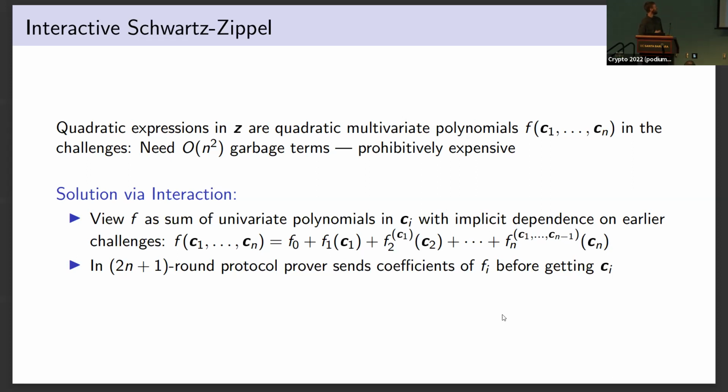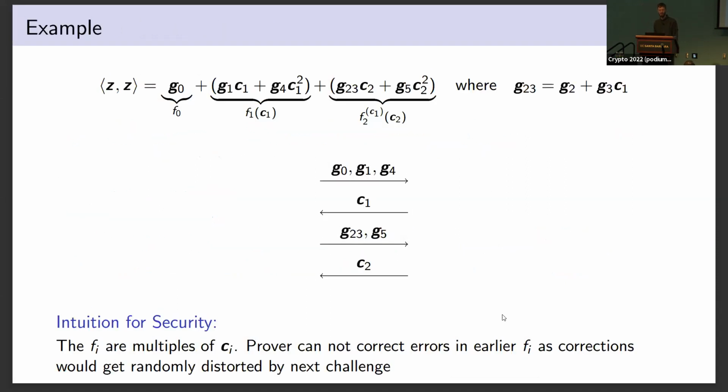And then in a 2n+1 round protocol, what we can do is that the prover sends the polynomial f_i before getting the challenge c_i. If you go back to the example of this inner product of Z with itself, now that we write our polynomial in this form, this garbage term g0 is now this polynomial f0 and so on. Maybe the most interesting term here is this f2 polynomial.